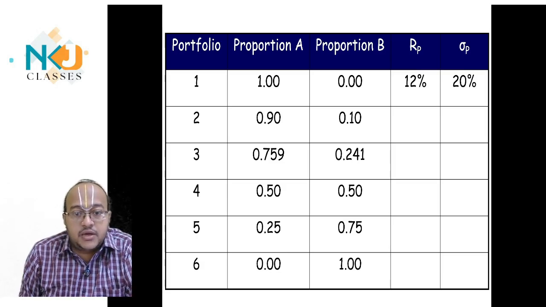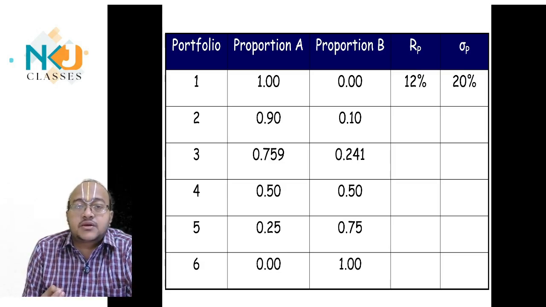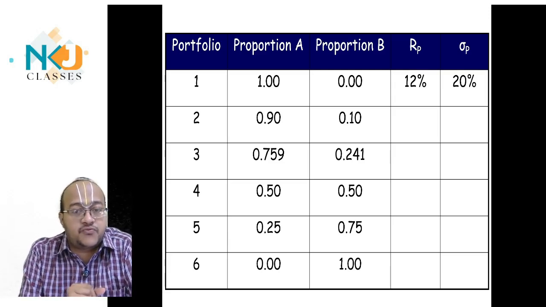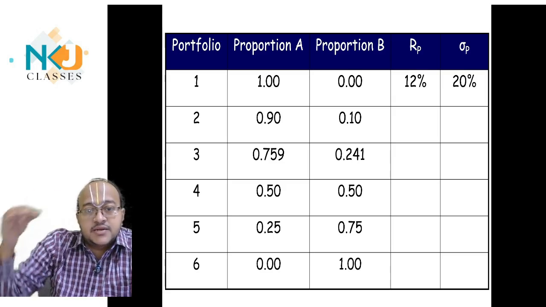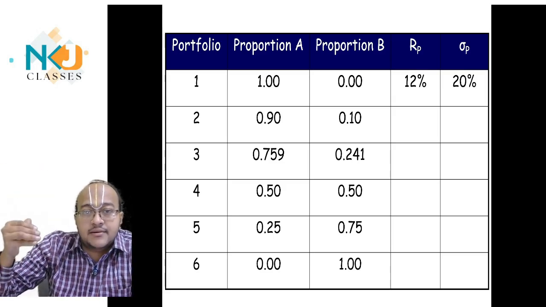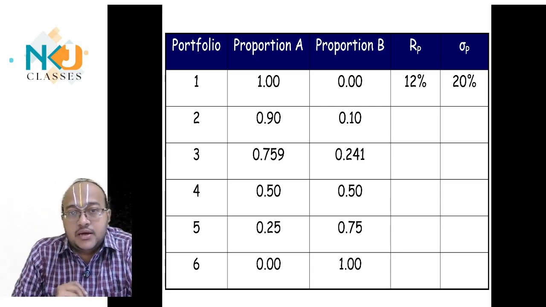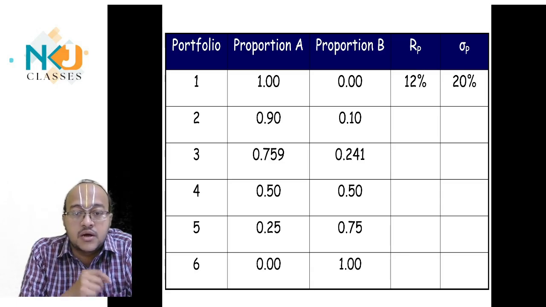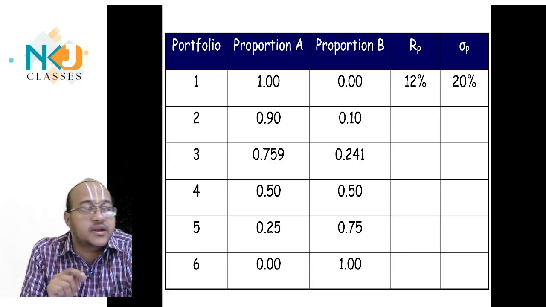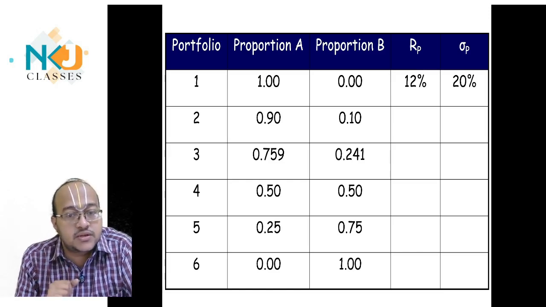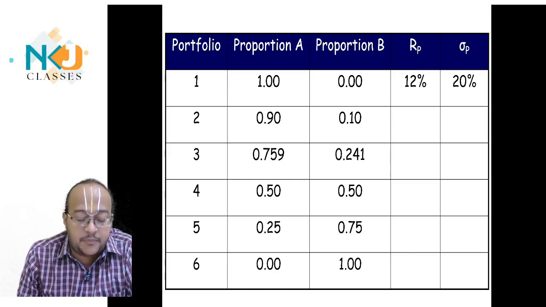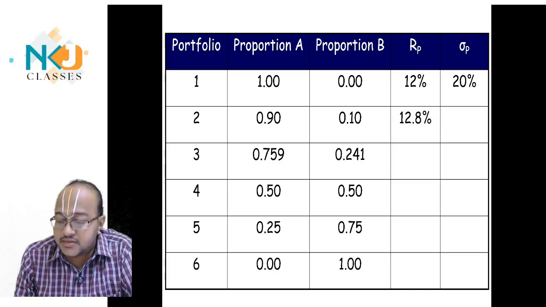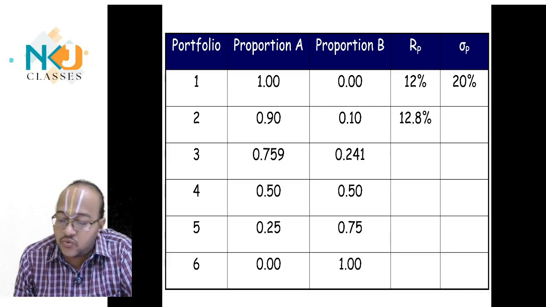So 90% of our portfolio will consist of security A, and 10% we inject security B, which is high return, high risk security. In that case, what will happen to our return? Return of the portfolio is nothing but the weighted average return of the individual securities. How to find return? 0.9 into 12% plus 0.1 into 20%.